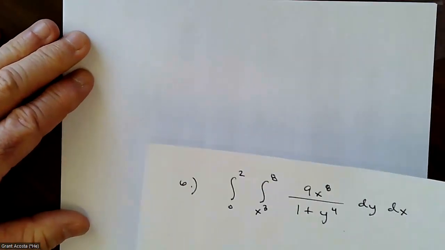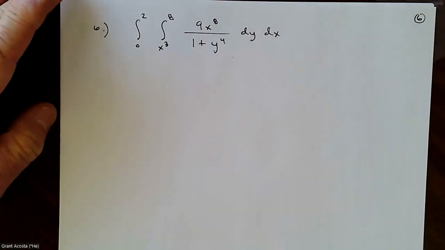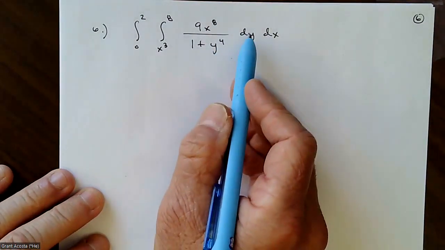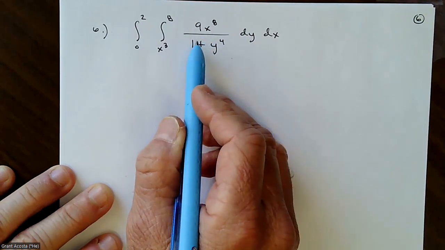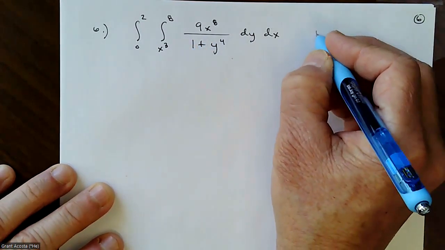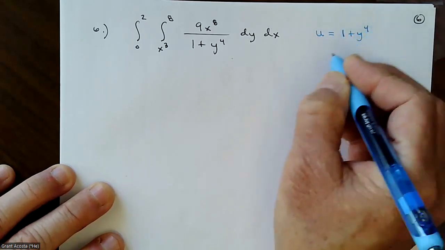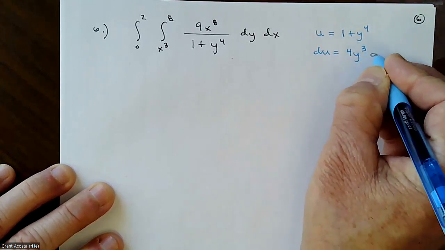If they don't tell you that, which is the worst case scenario, then what I would recommend is, if you get asked to evaluate an integral, you've got to integrate this one with respect to y. I've got some y terms in the bottom. And if I tried to do a u substitution, in this case, du is equal to 4y cubed dy.